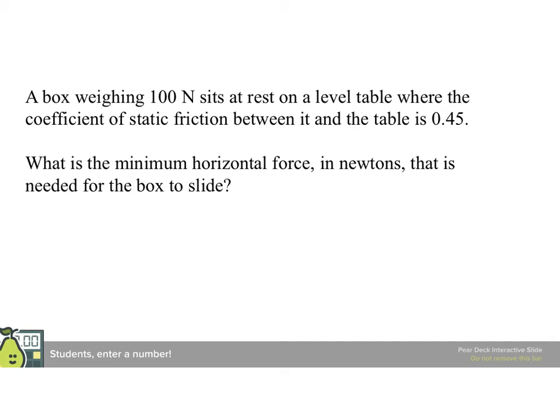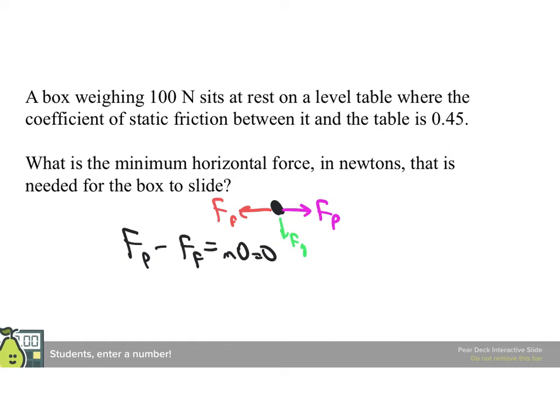So if I draw a free body diagram for the box, we know that we are applying some force to it, but there's a frictional force which is pushing back, and we want them to not slide, then the pushing force minus frictional force has to be ma, which is 0. We also, of course, have a weight and a normal force, and in addition to the horizontal forces being 0, so, of course, are the vertical forces.